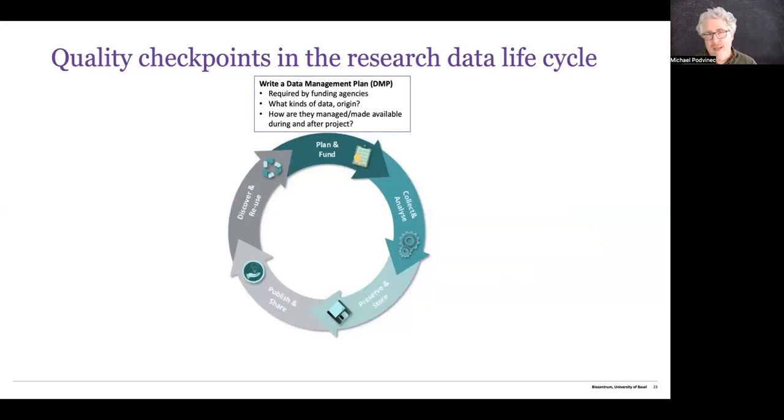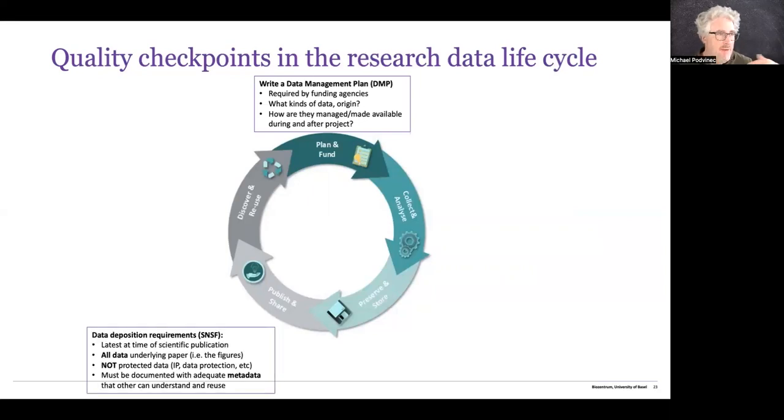And then you happily do your research, and at some point you get to the point where your data needs to be published. Under the SNSF rules, for instance, this is at the latest when a scientific publication is made that was created with the use of this data, and SNSF asks that you publish all the data underlying this paper.